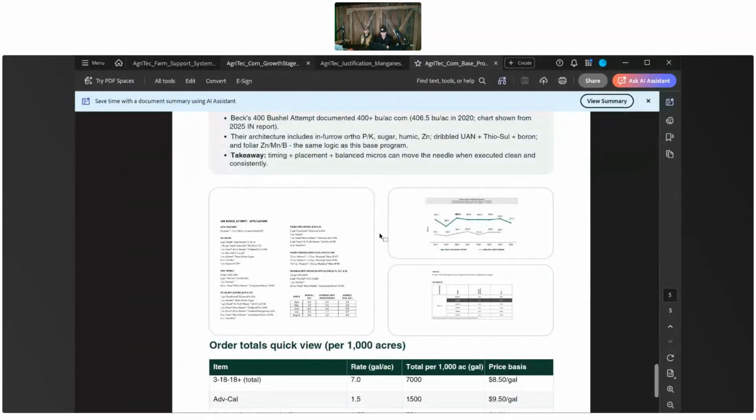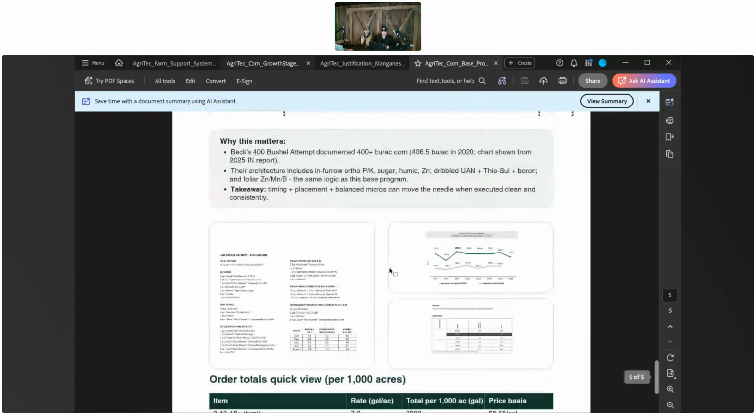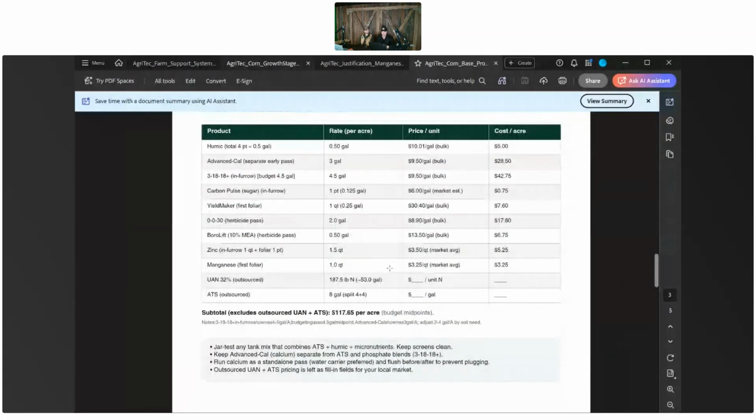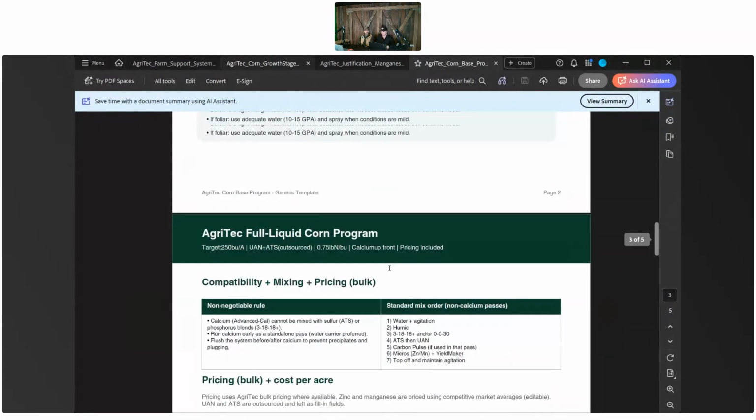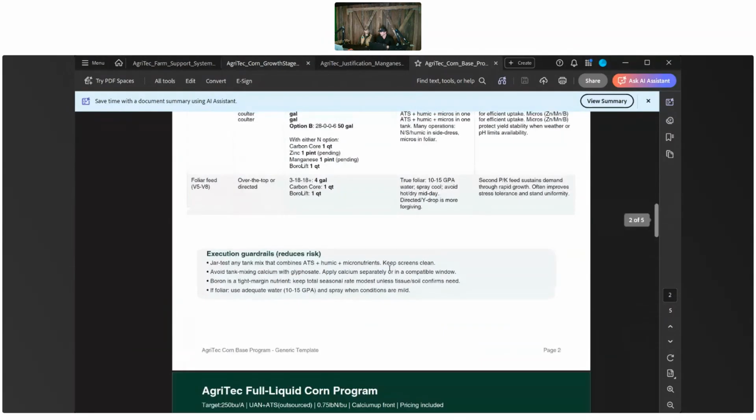But this just is a very useful addition to see, hey, if you're switching over to liquid or thinking about switching over to liquid, it's very helpful to have a tool like this to go, okay, it's possible to not only make 200 bushel or 250 bushel, but to make 400 bushel corn and 135 bushel beans using liquid programs and do it more cost effectively than doing a dry only program.